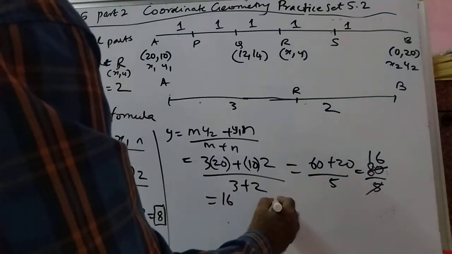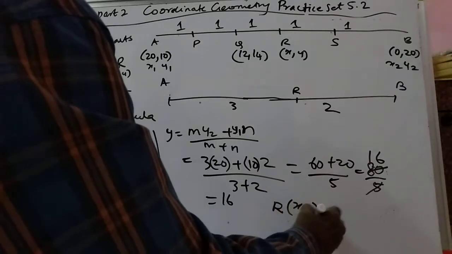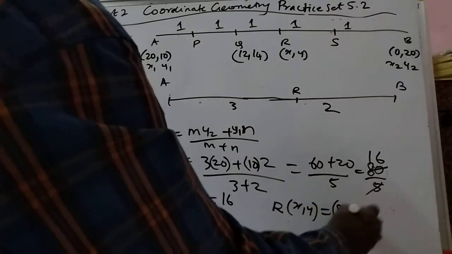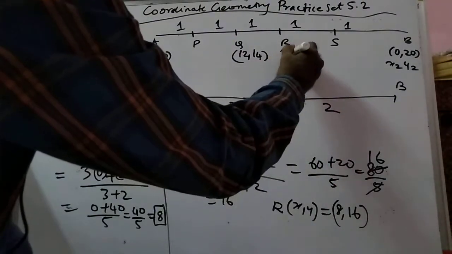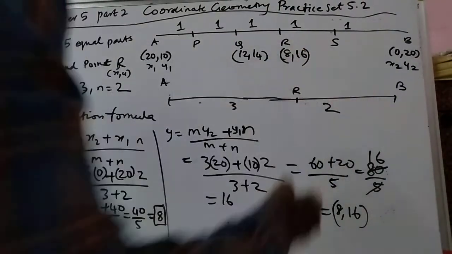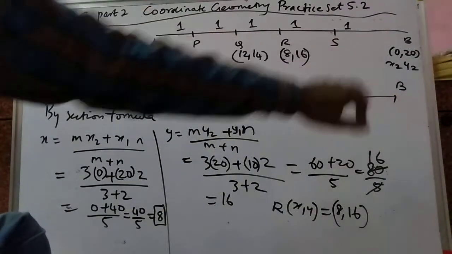So point R is equal to (x, y), that is equal to (8, 16). Okay, we write it here. Next let us find P and S.